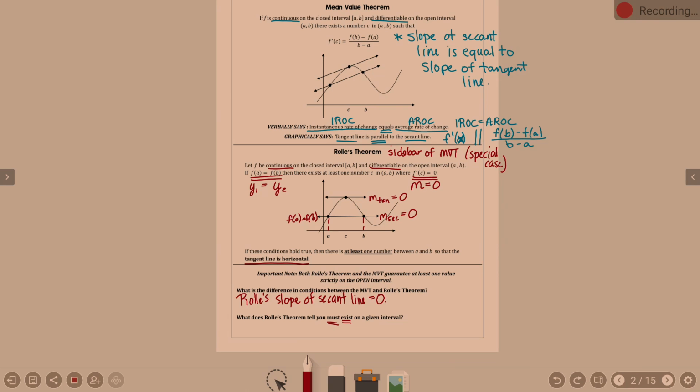And extrema must exist. So extrema, which is a max or a min, must exist. Okay? And that's because your slope is 0.